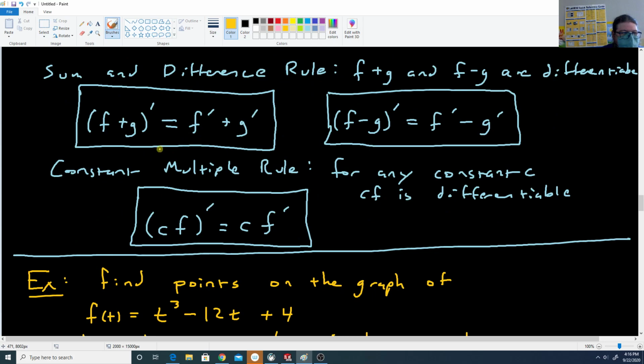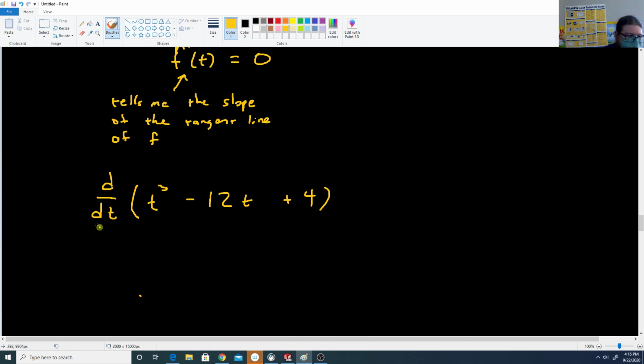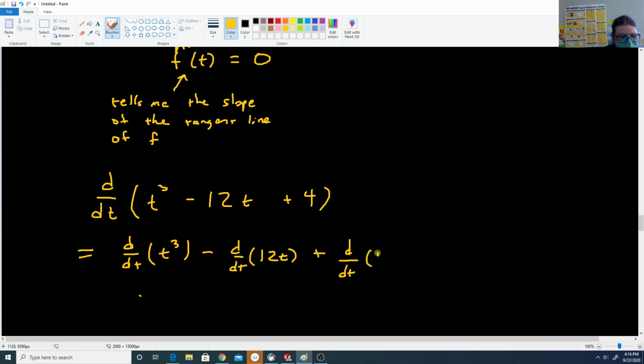Okay, so we're going to use the sum and difference rule. Basically, if I'm adding two things together and then taking their derivative, that's the same as taking the derivative of the individual pieces and then adding or subtracting them together. So the sum and difference rule lets me talk about just the derivative of t cubed, the derivative of 12t, and the derivative of the constant 4.